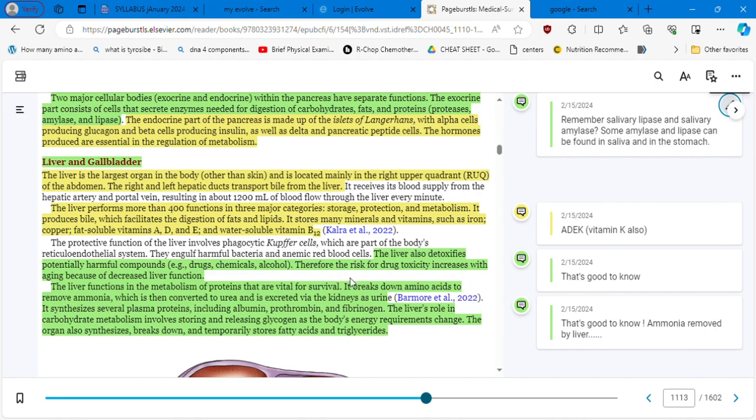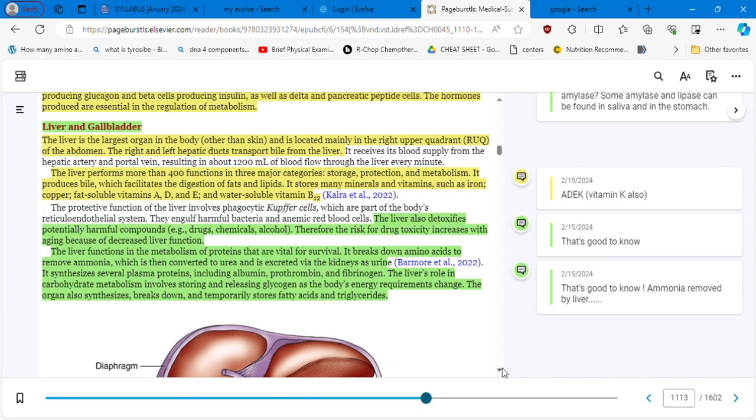Therefore, the risk for drug toxicity increases with aging because of decreased liver function. Please remember this, and that's good to know.